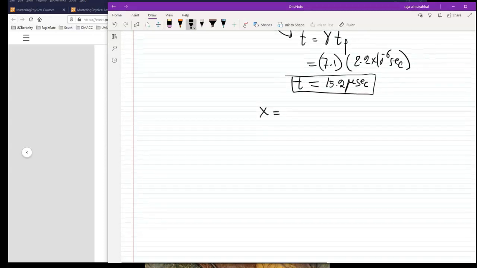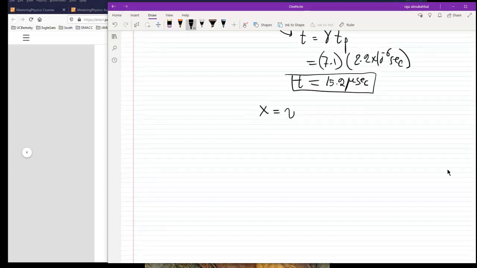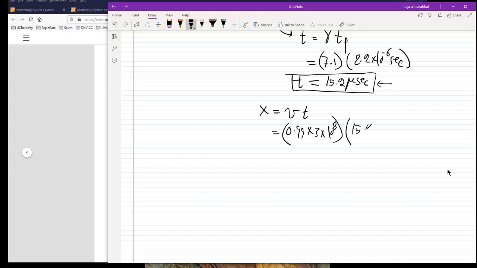In this case, it's going to be v times t relativistic, not proper. So the velocity is 0.99 c, which is times 3 times 10 to the 8, times the relativistic time, which is right here. That's 15.2 times 10 to the negative 6.